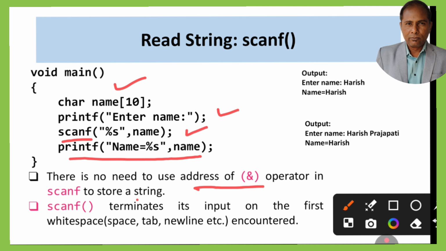Now, scanf terminates input on the first white space. If there is a space, it will not read after that space. We can take one example here. If I am writing Harish, then Harish will be displayed.